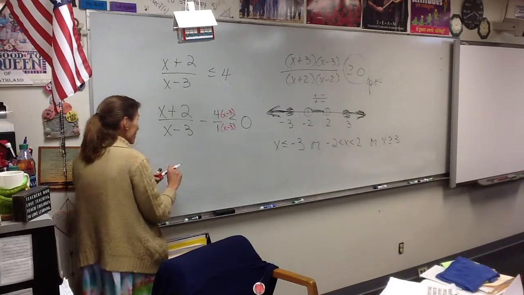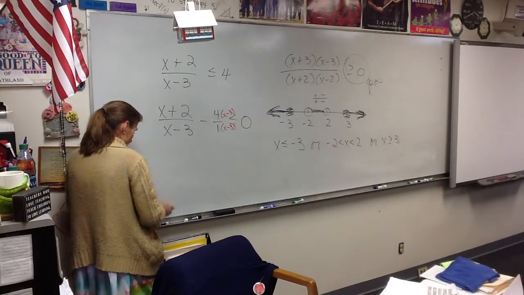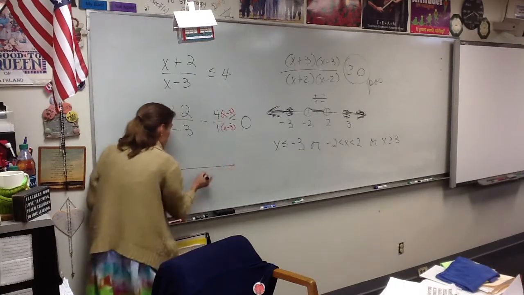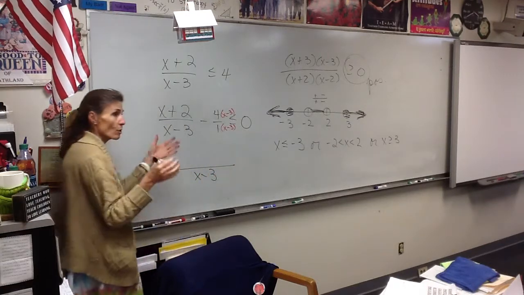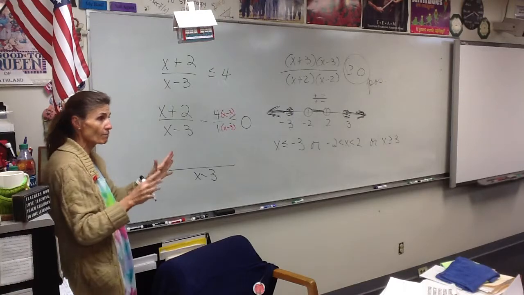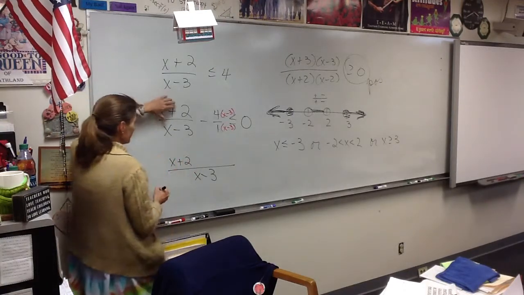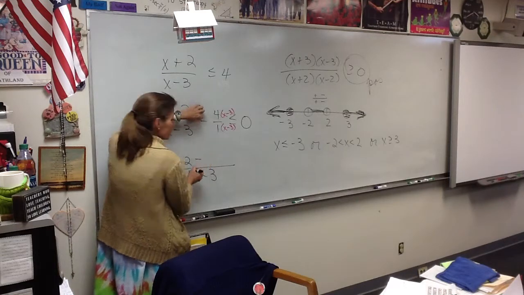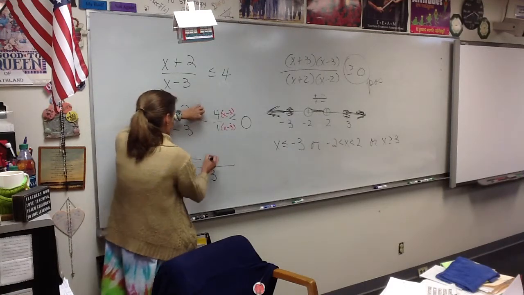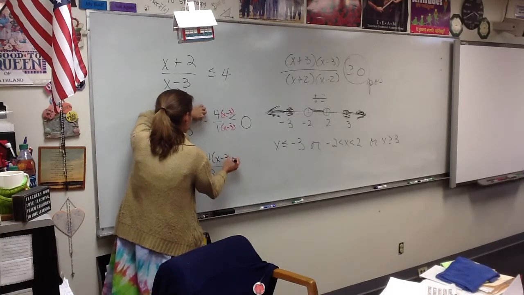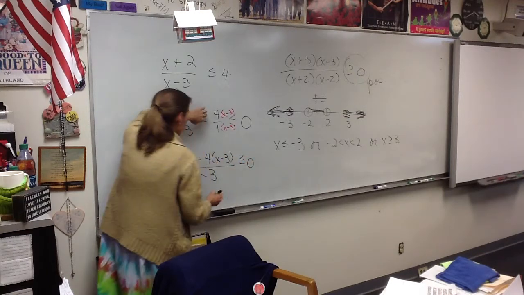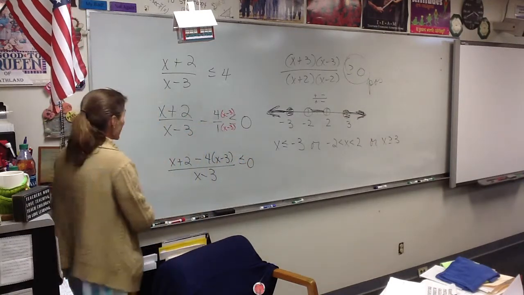So on the bottom now, both fractions have an x minus 3. So I can write them as one big giant fraction. X plus 2 minus 4 times x minus 3. That is my one giant fraction.